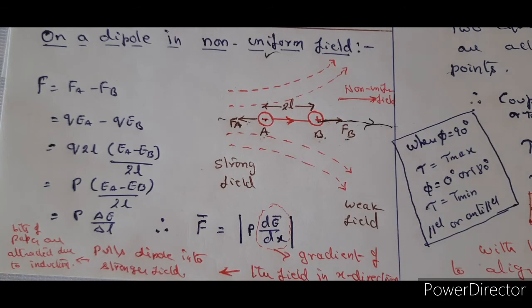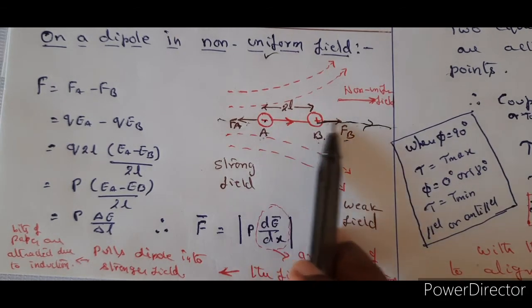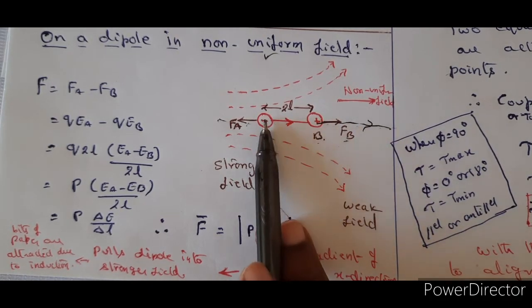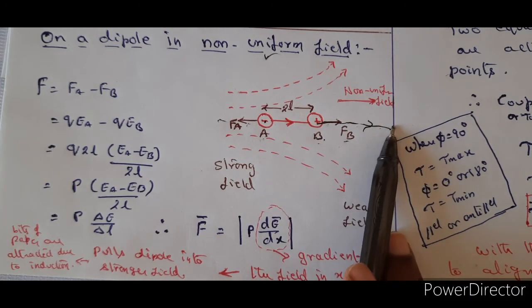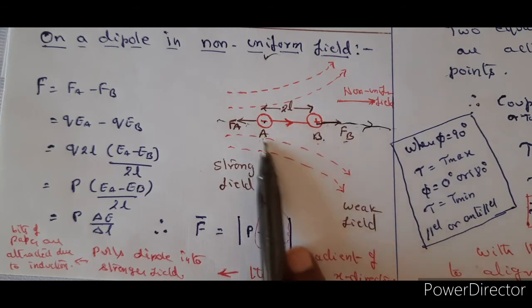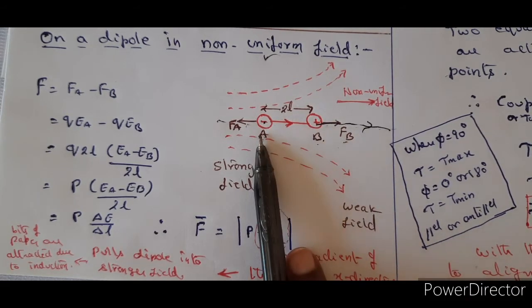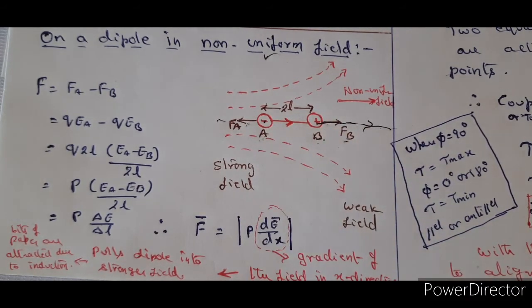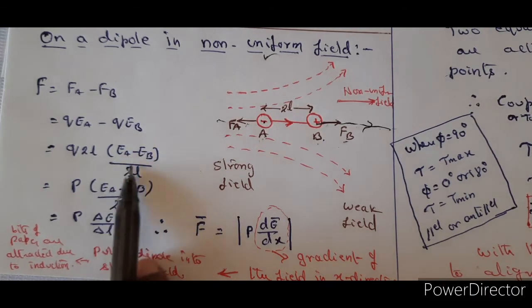There is a continuous change, whatever change is taking place in this direction. That means EA minus EB is a difference in the electric field strength. If that is a continuous difference, then you say it is dE. So now you have that as delta E or dE.